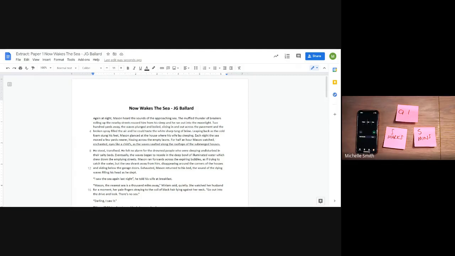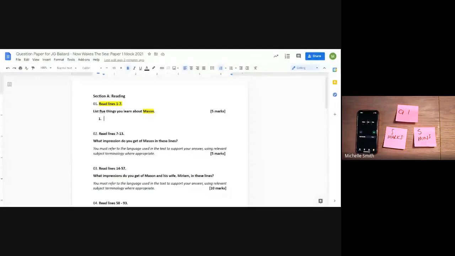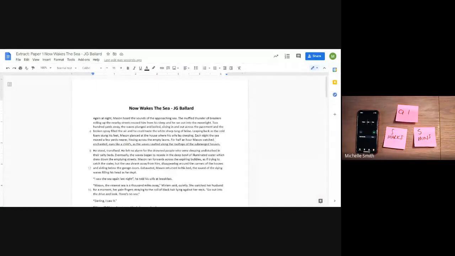Okay, so for question 1, remember we have to list 5 things we learn about Mason. I'm not going to go through all these with you because this is your opportunity to practice, so I'm just going to start you off. The first thing I can see, Mason heard the sounds of the approaching sea.